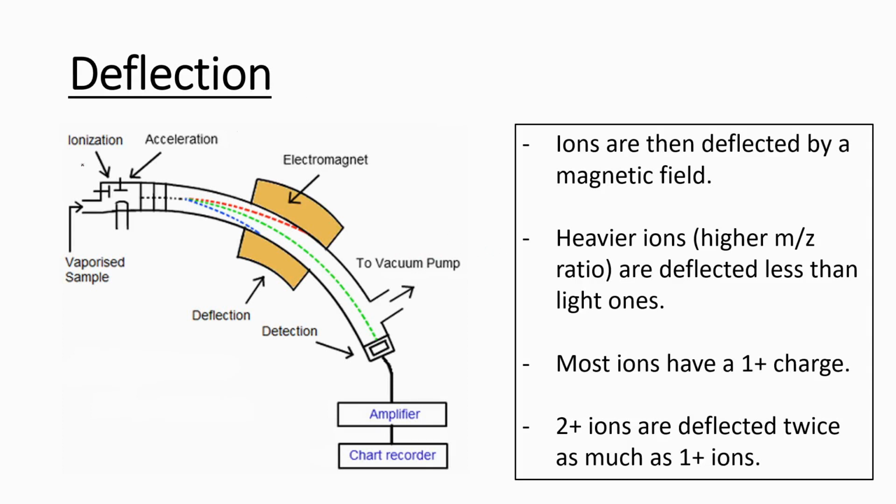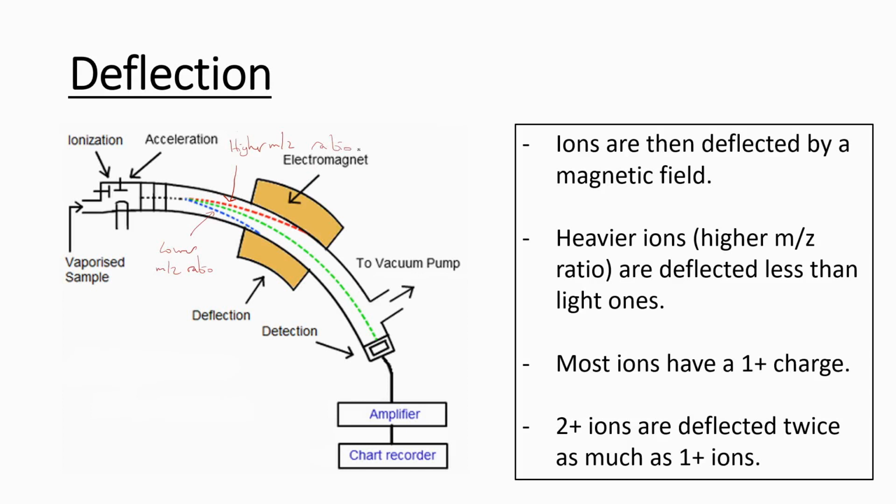See that this path taken by this ion here in red has a higher mass to charge ratio, m being mass and z being charge. So it's deflected less. Whereas this ion in blue is deflected more because it has a lower mass to charge ratio.